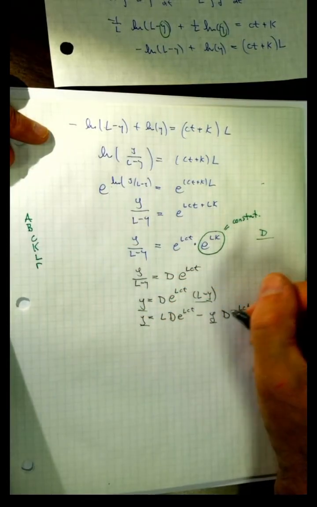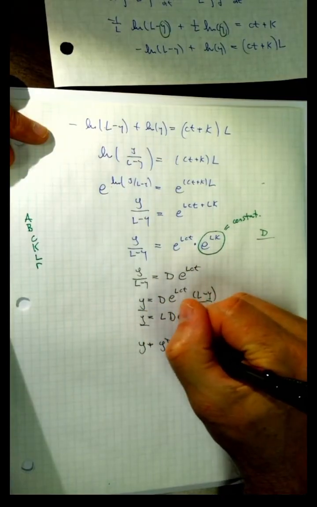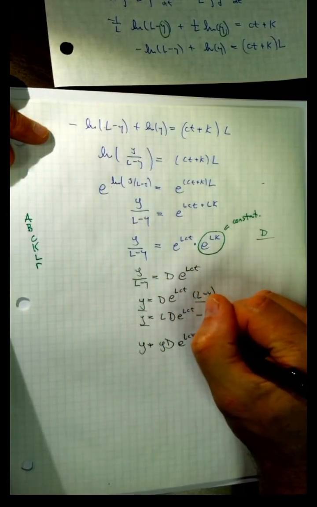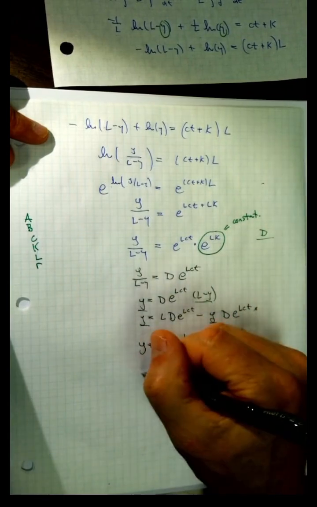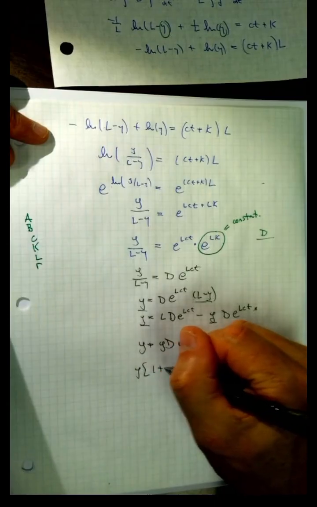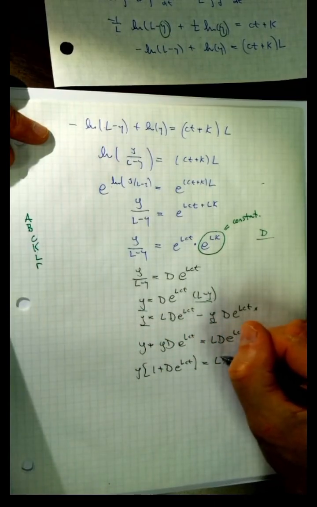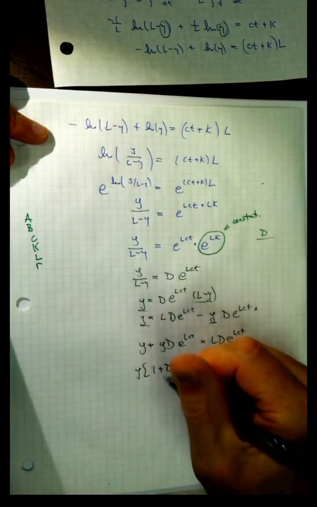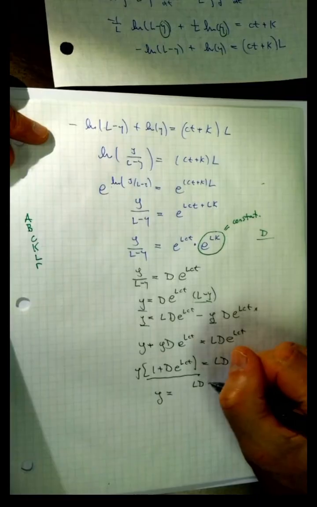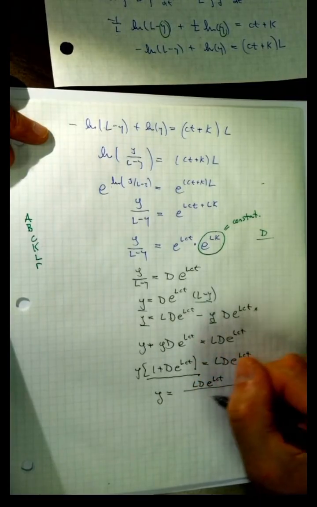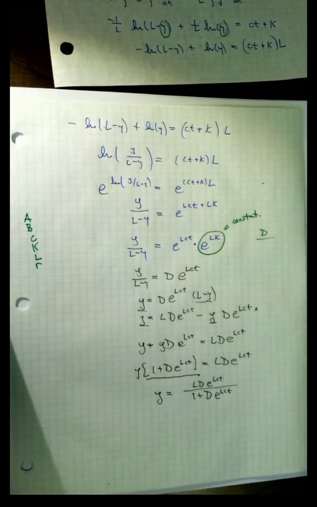So I'm going to add this term. So y D e to the LCT equals L D e to the LCT. I can now factor out a y, leave the right-hand side alone, and then divide by this whole mess to get something like that.